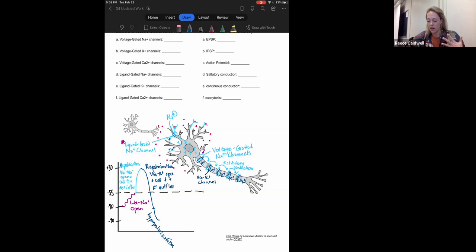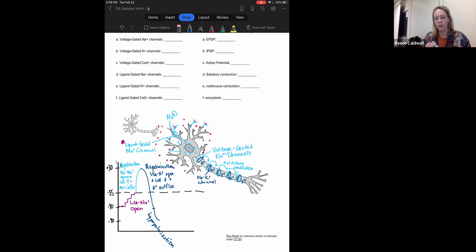For example, if this was like the cardiac cells, cardiac cells don't work through neurons for sure, but they also are depolarized and repolarized. Same with skeletal tissue. When you contract your muscles, that's because the muscle cells are depolarizing. When your heart beats, it's because your cardiac cells are depolarizing. And so you need a little bit of a break before you depolarize again.